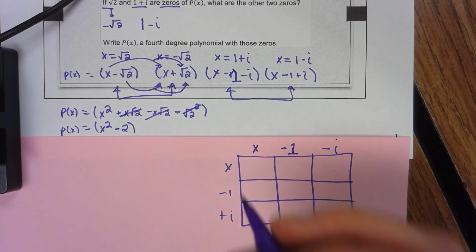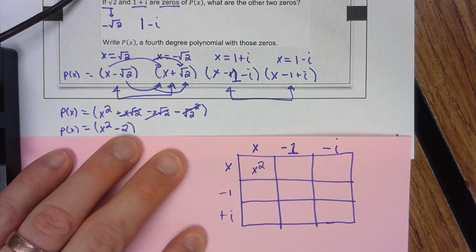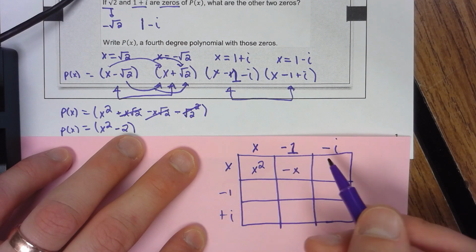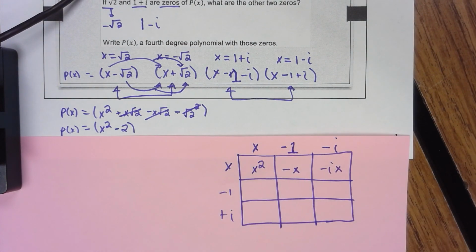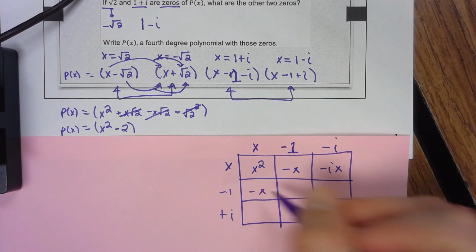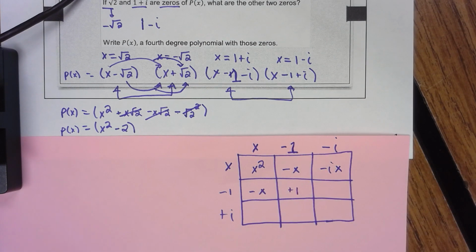All right, so first, x times x, that's x squared. It's not too bad. x times negative 1 is negative x. x times negative i is negative ix. Negative 1 times x is negative x. Negative 1 times negative 1 is positive 1.